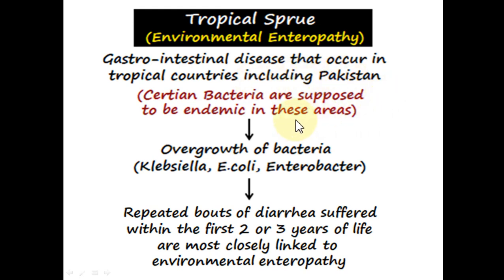It is said that certain bacteria like Klebsiella, E. coli, and Enterobacter are endemic in these areas, because these are developing countries and the hygienic conditions for food and water are not so very efficient. So these pathogenic bacteria overgrow the population of the normal flora of the intestines, and the person suffers from repeated bouts of diarrhea.